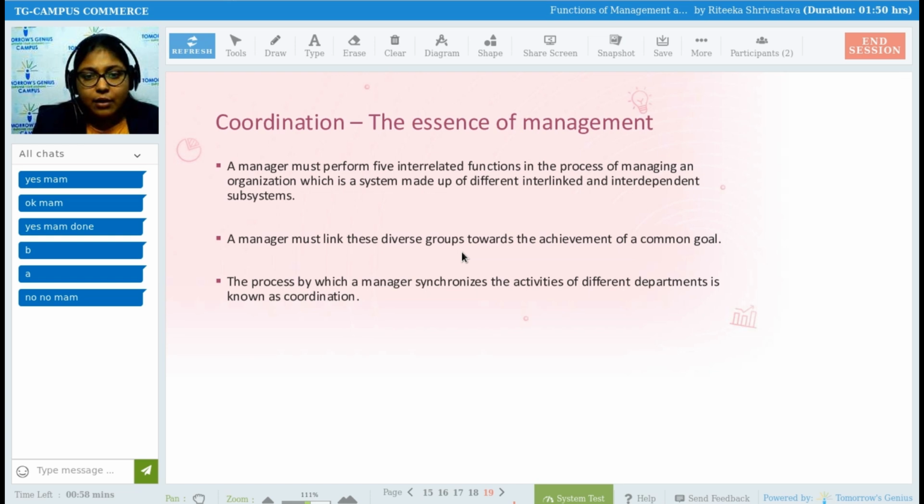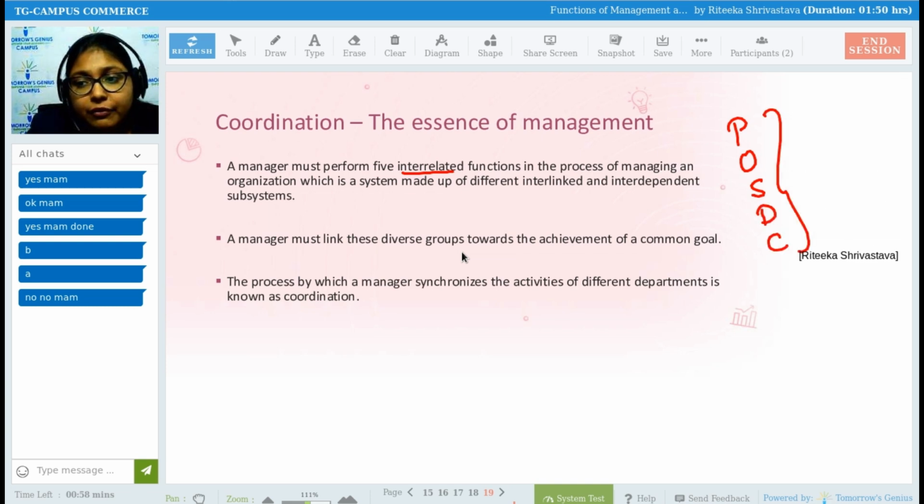Now, the concept of coordination. A manager must perform 5 interrelated functions, which we saw right now. Management should perform all the 5. All the functions of management are interrelated to each other, and that is the reason I also told you that you have to always write them in the same sequence.